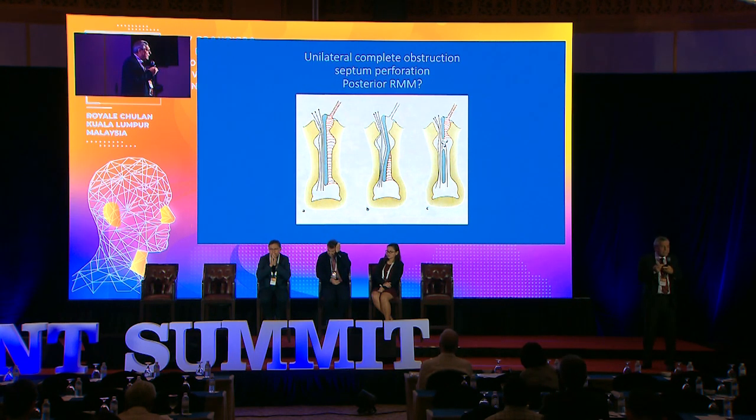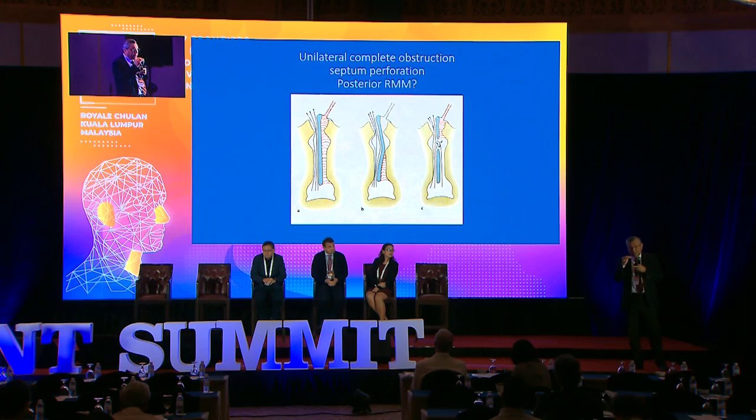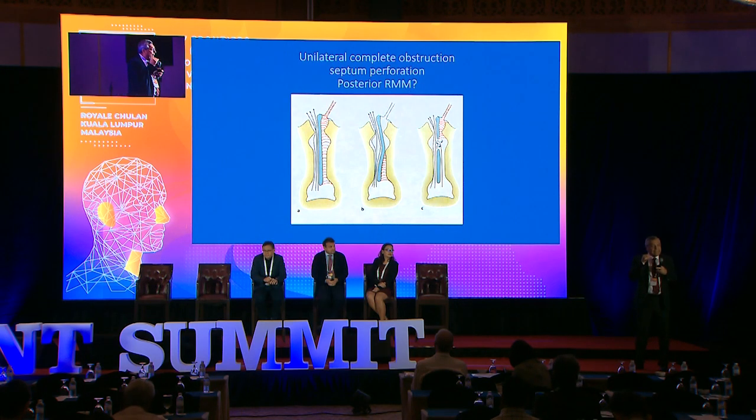So in these cases, it's not helpful. And in many cases, there is unilateral obstruction. In these cases, you can perform posterior rhinomanometry, but this is also not reliable because of the palatal shape and position.